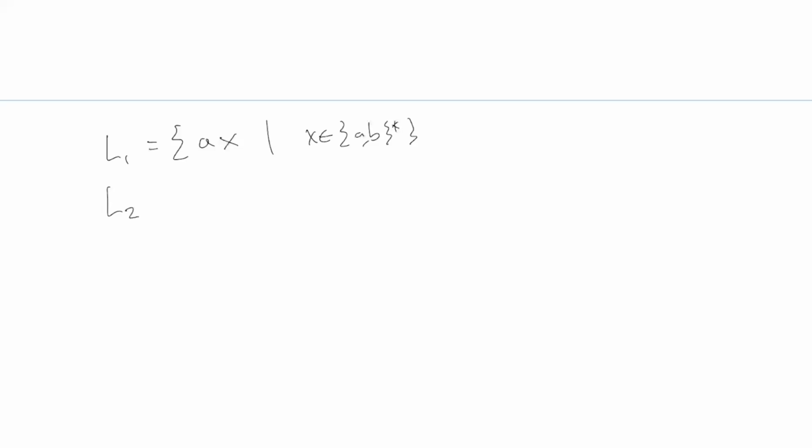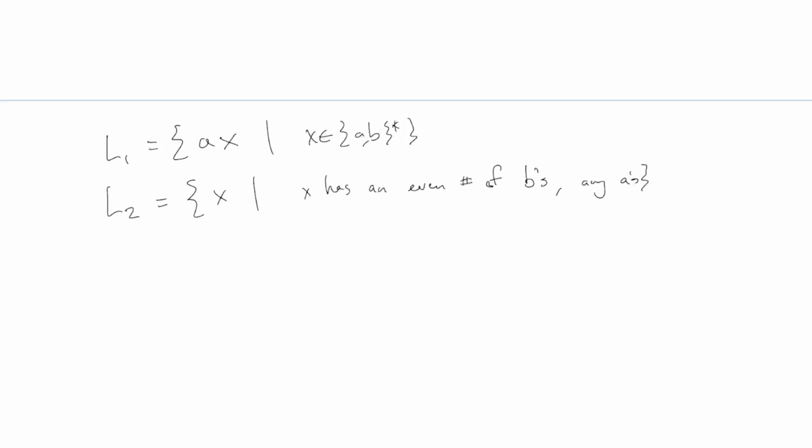And then my L2 is going to be all X such that X has an even number of B's and any number of A's. All right? These are the two languages I want to start with. Our job here is to draw a DFA for the intersection.